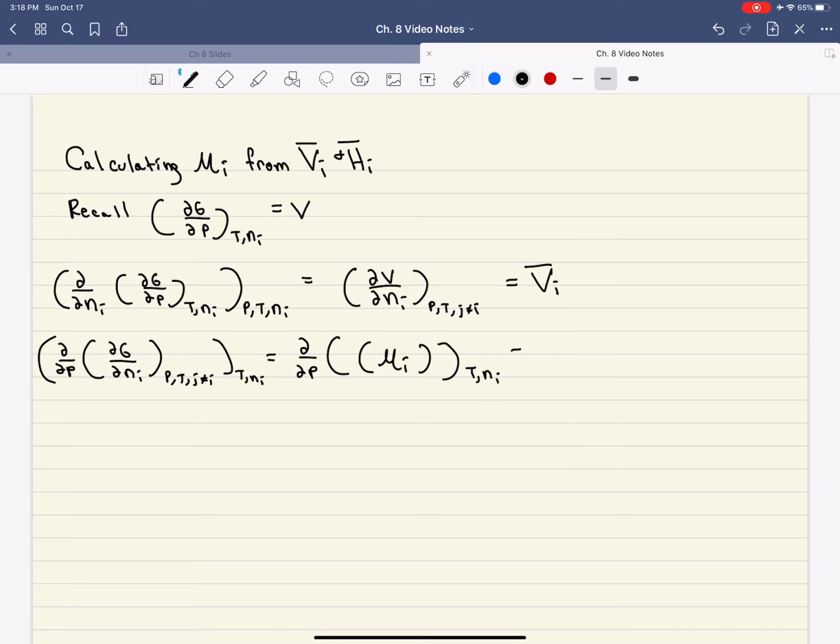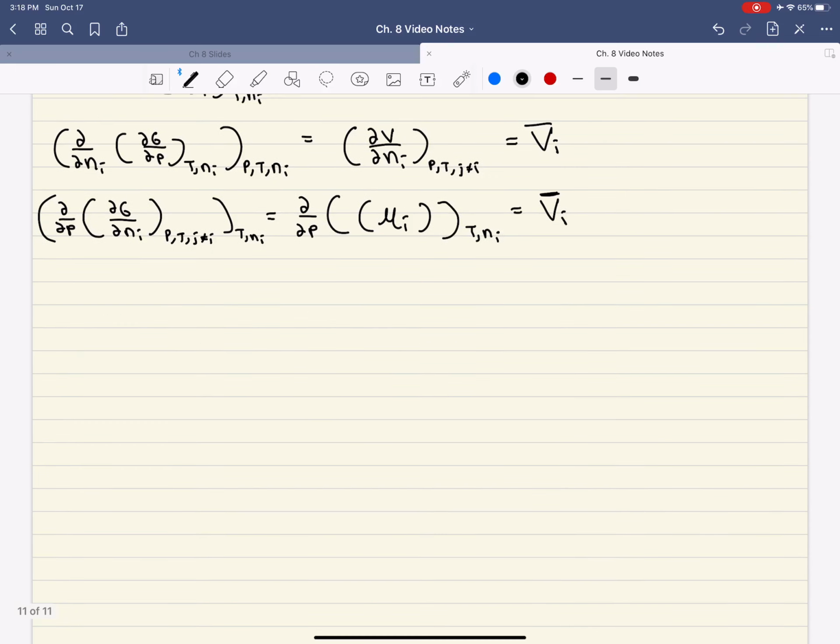And so what we get is that the partial derivative of the chemical potential with respect to pressure is equal to the partial molar volume for that species. What this equation is telling us is that if Vi bar is known, we can figure out how the chemical potential of a species in the mixture changes as a function of pressure.